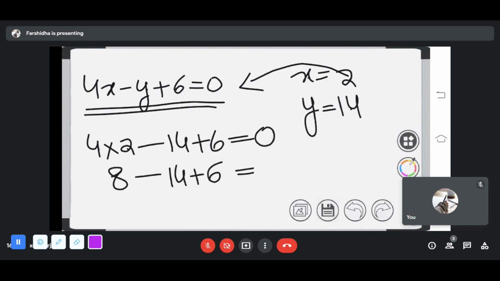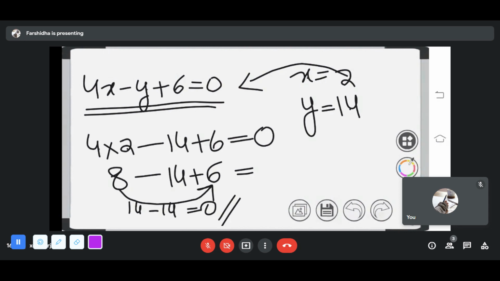Is it 0? 8 plus 6, 14. 14 minus 14, 0. Okay. So we got two equations.